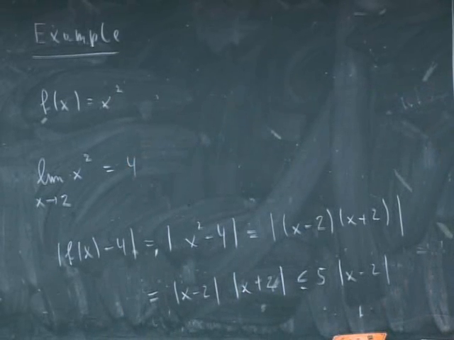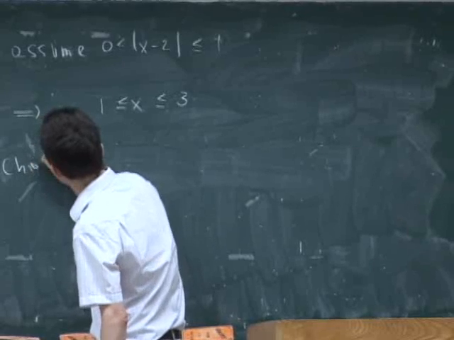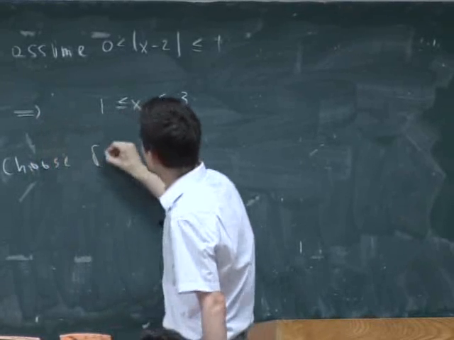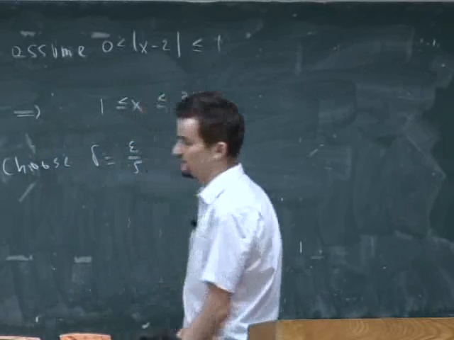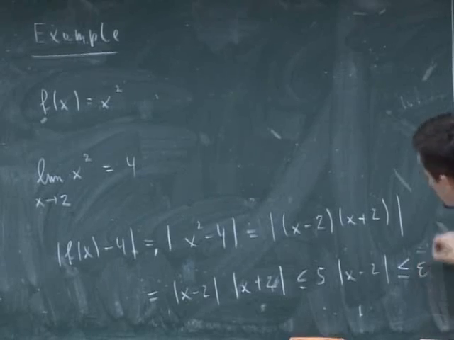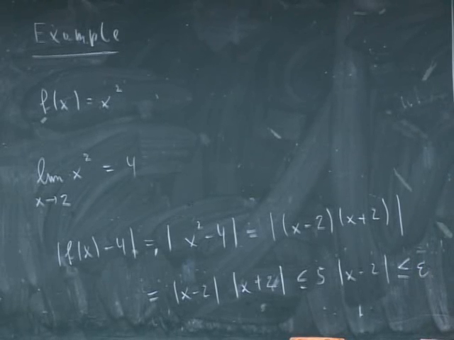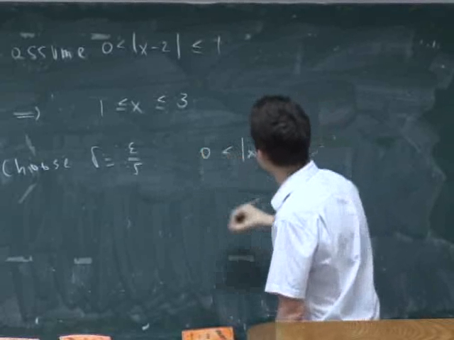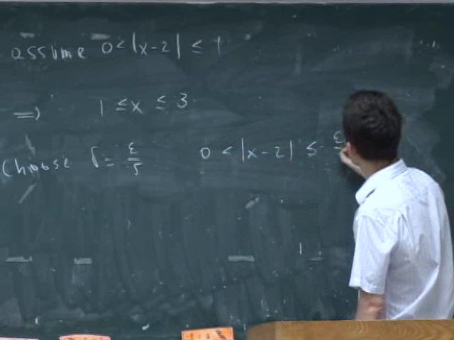So now choose delta to be equal to epsilon over 5. If you plug this in here, then you see that this is smaller equal than epsilon. This means that the distance between x and 2 has to be larger than 0 and smaller equal than epsilon over 5.